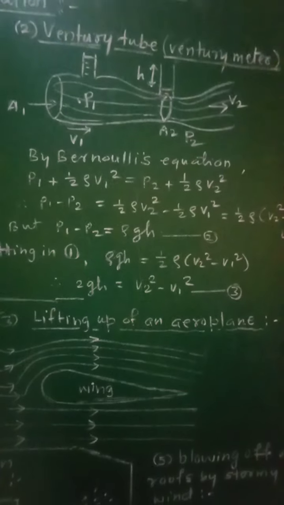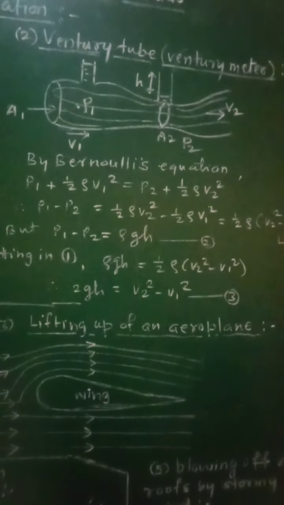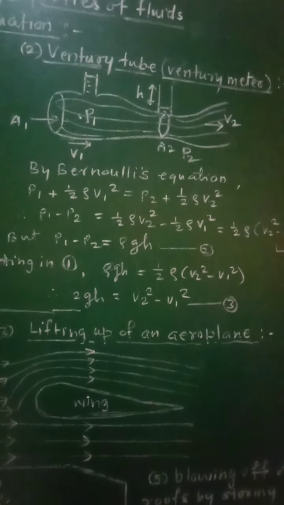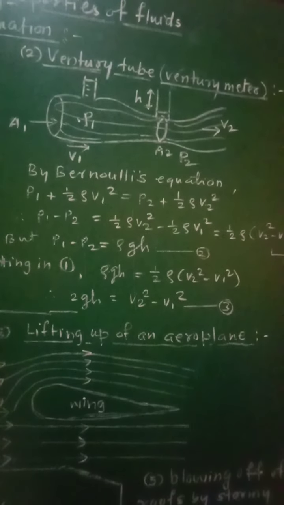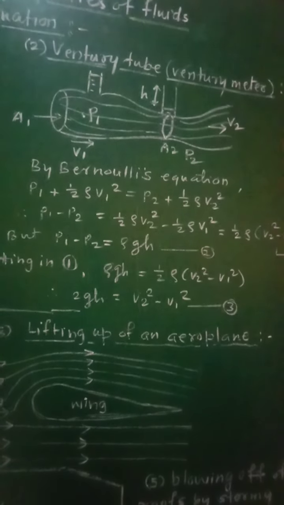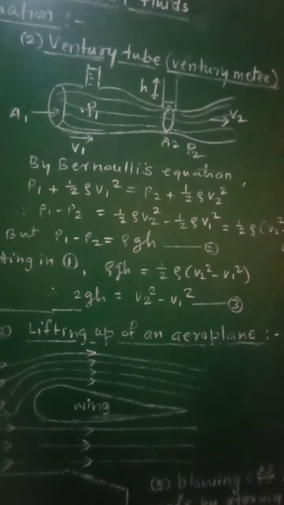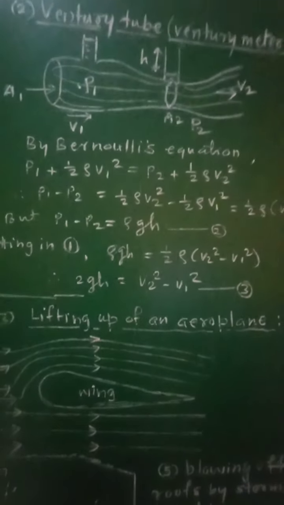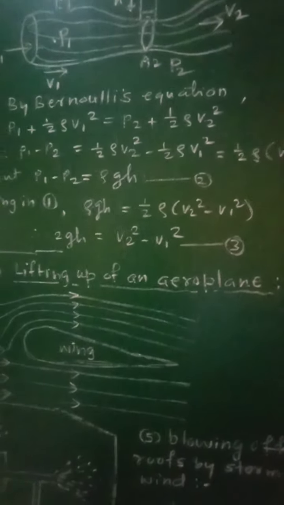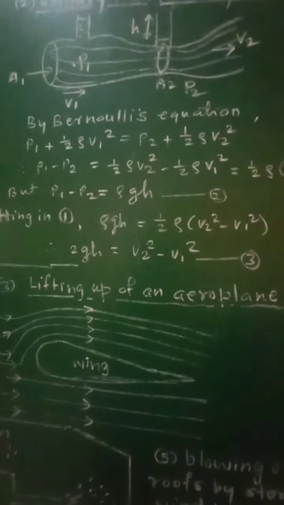Therefore, in this relation we can find the rate of flow of that liquid by using the relation A1 V1 equal to A2 V2.